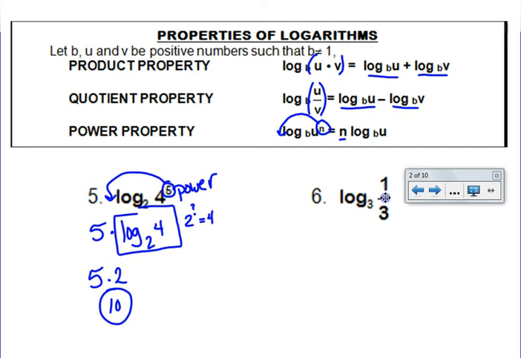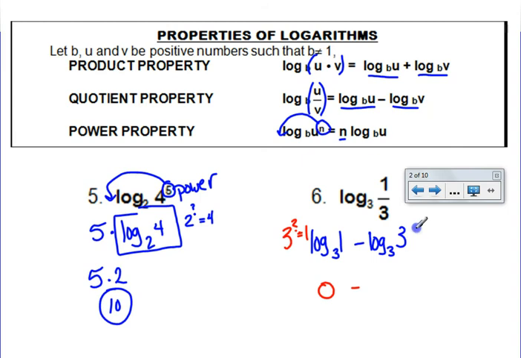So here I see a division problem, which means it's the quotient property. So log base 3 of 1 minus log base 3 of 3. It has to go numerator first and then denominator. So again, I want to use our brains, not our calculators on this one, because it is faster. 3 to what power would give you a 1? If you think about that, 3 to the 0 power would give you a 1.